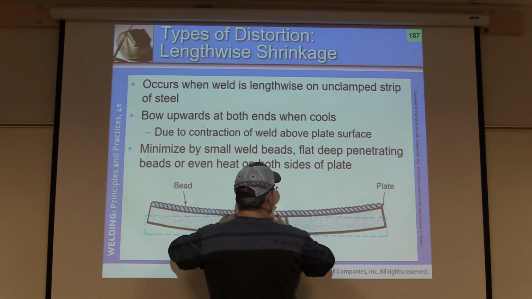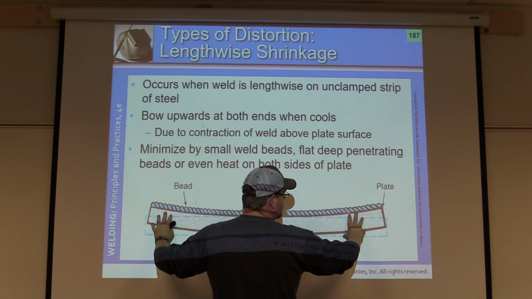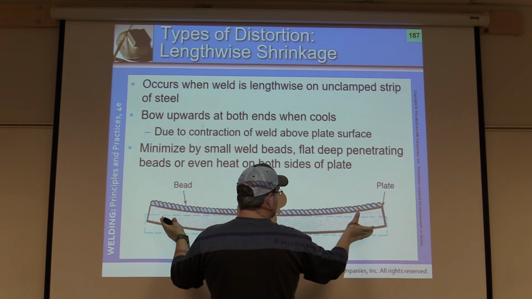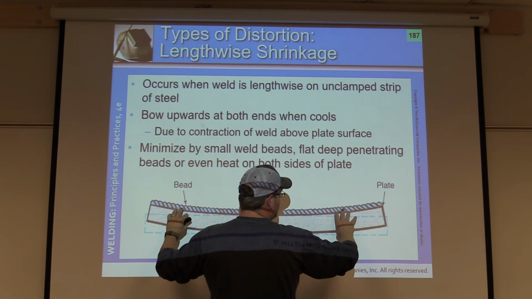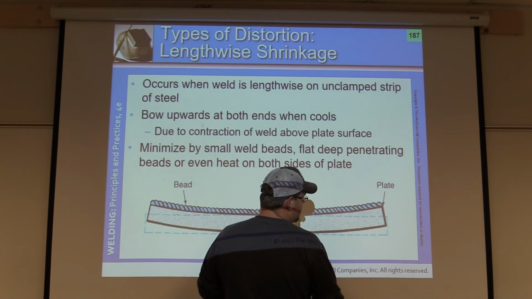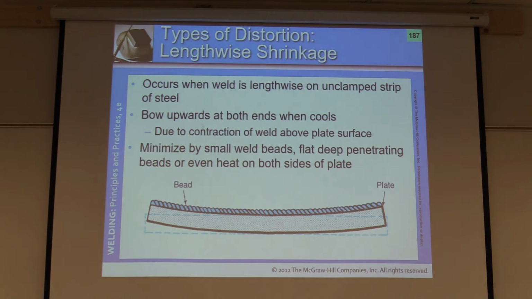You anneal it, stress relieve it, bring it up to 1200 degrees, cool it off nice and slow. The stress within this weld is not going to get any worse. It's not going to pull and draw more. If anything, it'll just stay where it is, and more than likely it's going to slightly come back down some, creating a little bit less distortion as well.